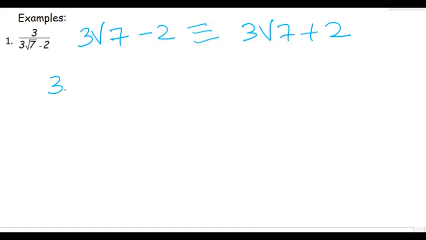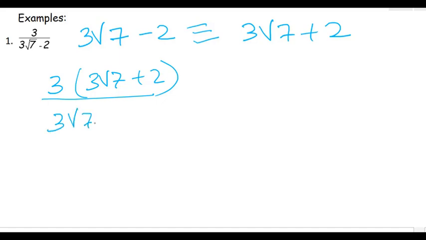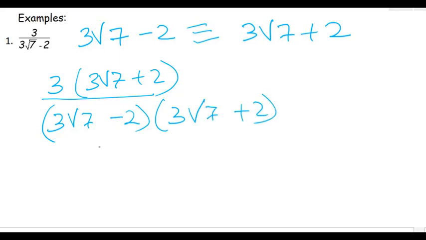We're going to have 3 multiplied by 3 root 7 plus 2 over 3 root 7 minus 2 multiplied by its conjugate, 3 root 7 plus 2. In the numerator, we open the bracket and this is 9 root 7 plus 6. Whereas in the denominator, this is a difference of 2 squares.